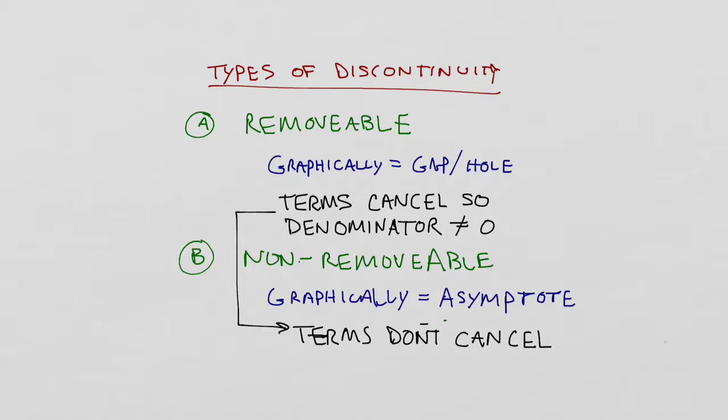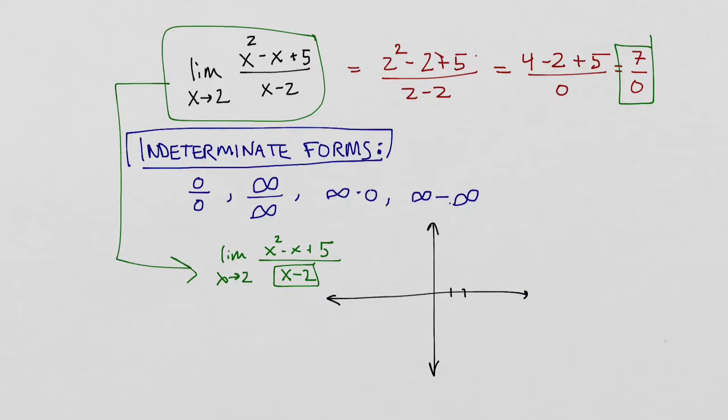So I want you to remember that a non-removable discontinuity graphically shows up as an asymptote. What this means, without knowing what the graph looks like, is that I have a vertical asymptote at positive 2. And a vertical asymptote, remember, is a line that our graph is getting infinitely close to.